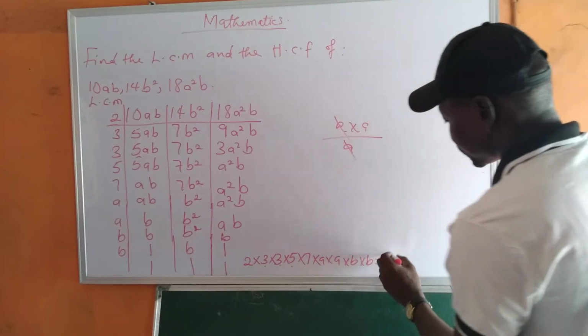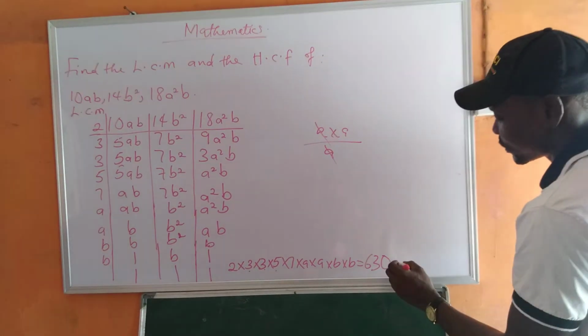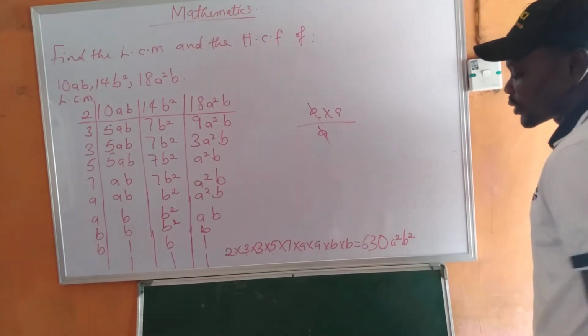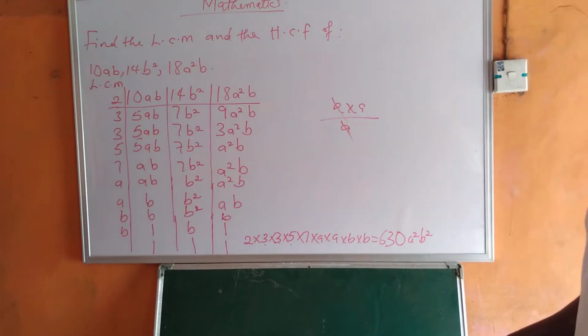So it is 630 a square b square. That is our final answer on the L.C.M.